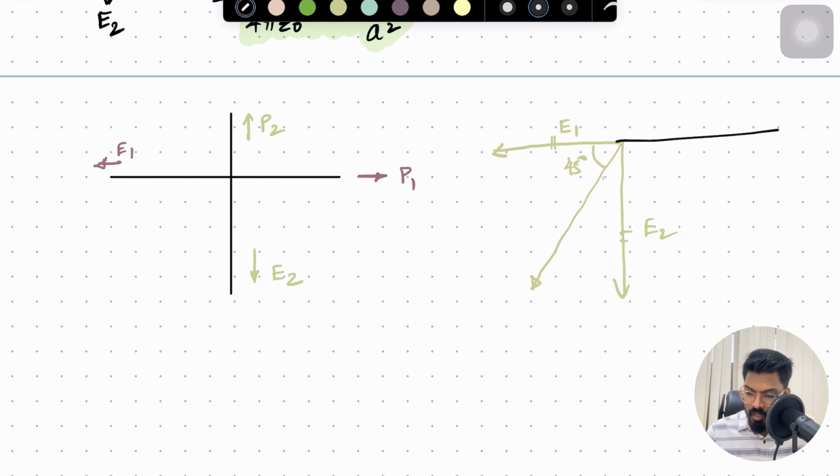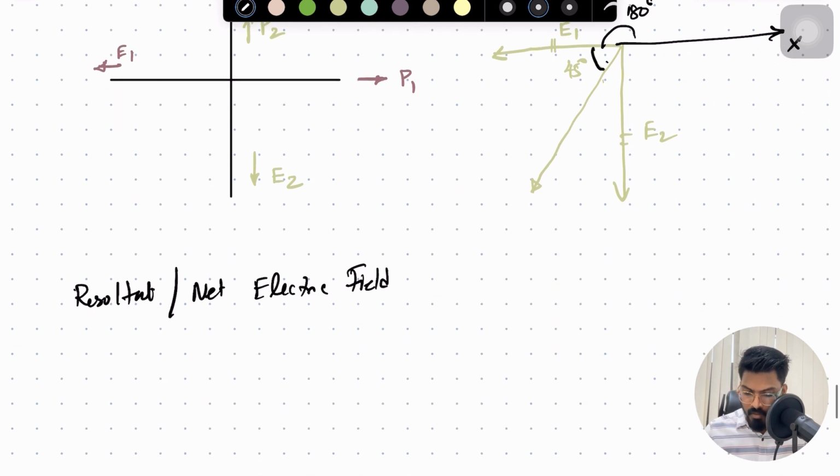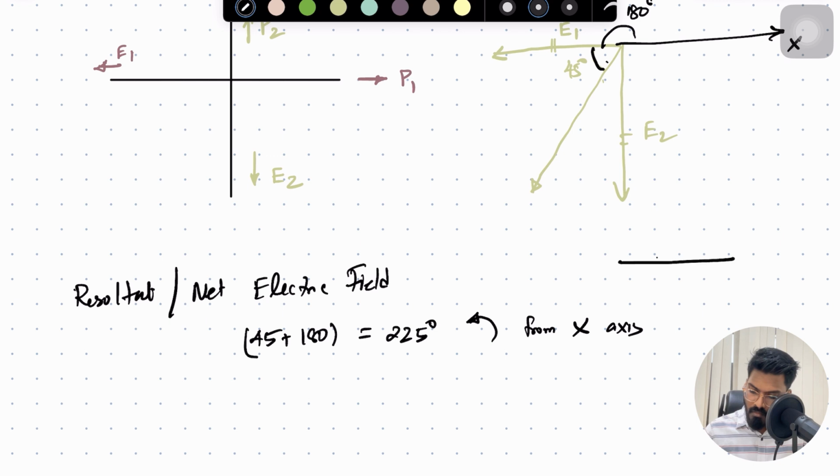So if you take it from the x-axis, this is 180 degrees plus 45 degrees. So the resultant, or nothing but the net electric field, is at 45 plus 180 is equal to 225 degrees counterclockwise from the x-axis. This is how it looks like.